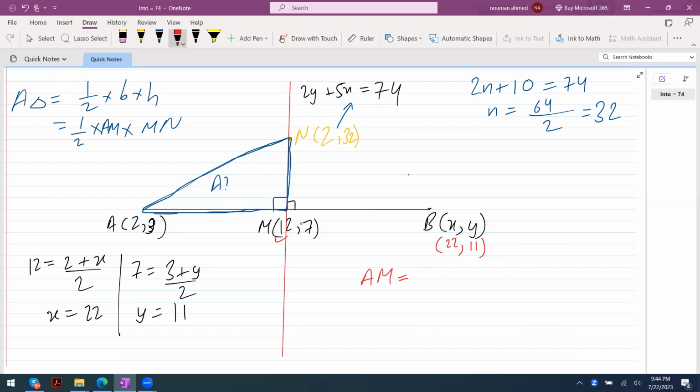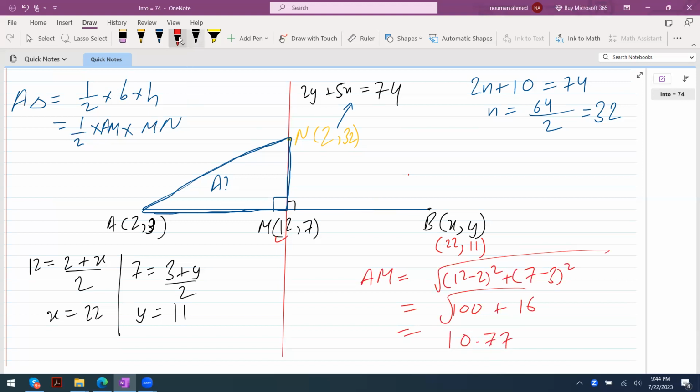AM is equal to the square root of (12 minus 2) whole square plus (7 minus 3) whole square. That is 100 plus 16, which is 10.77.